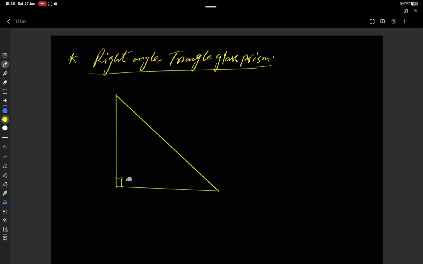So this is the 90-degree angle, this is the 45.